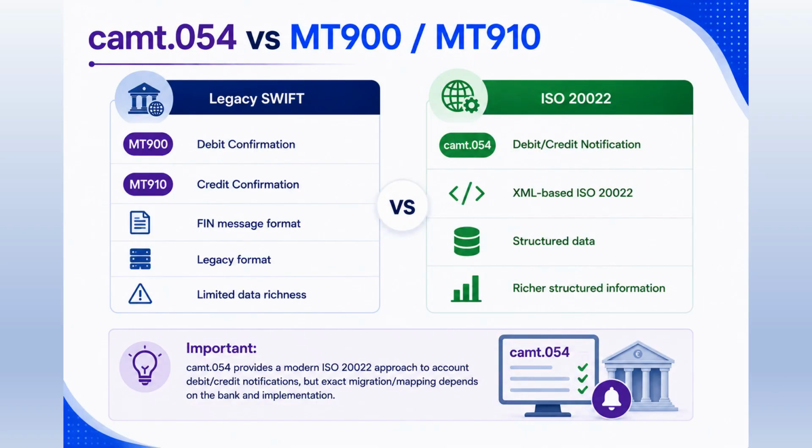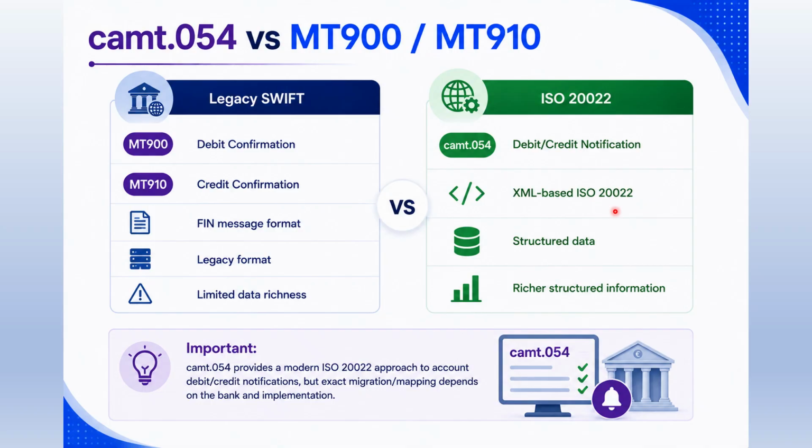Now let's compare Camt.054 with the legacy MT900 and MT910 messages. MT900 is traditionally associated with debit confirmation, while MT910 is associated with credit confirmation. These are legacy SWIFT FIN messages. Camt.054 belongs to the ISO 20022 family and uses XML-based structured data.